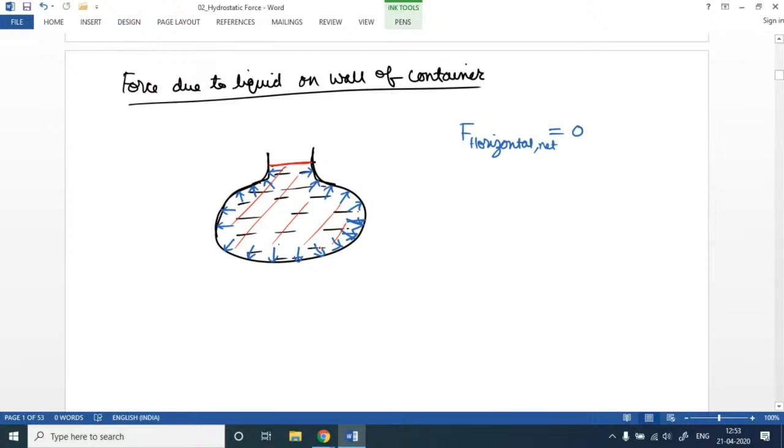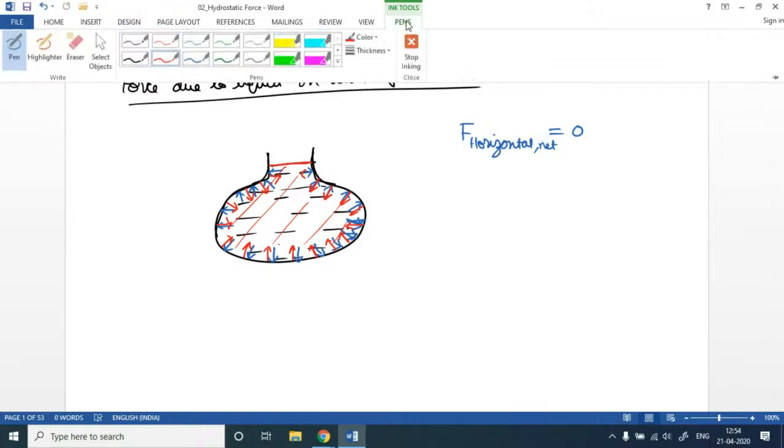What all forces are acting? I have already said that the container wall will be applying some force, equal and opposite at any point to the force exerted by liquid on container. This direction I have drawn is opposite. Apart from that, you must understand what other forces this liquid body is experiencing.